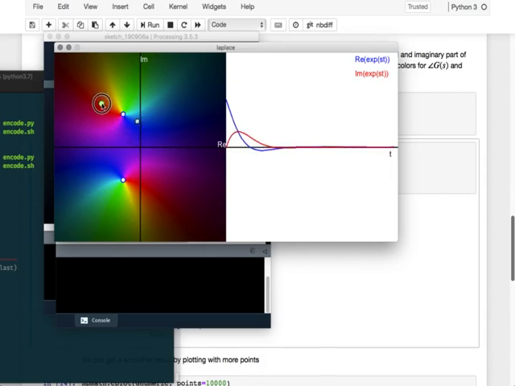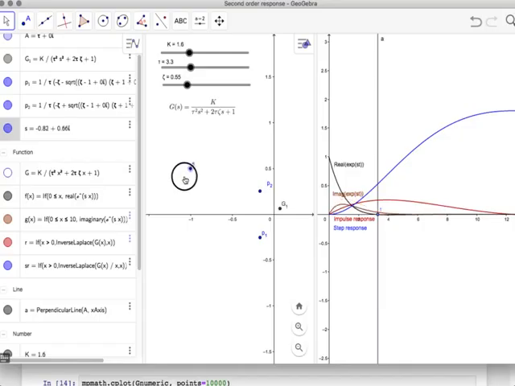Now, another very important point to see on this visualization is that I have plotted the real and imaginary part of e to the st. And so the red line and the blue line over here are the real and imaginary parts respectively. And an important thing to see is that at the point defined by the poles, I am seeing very similar behavior to what I expect the response, or the impulse response, of the system with this transfer function to have.